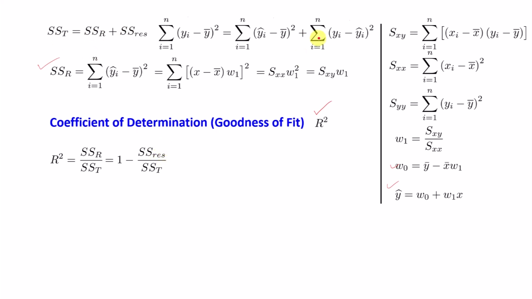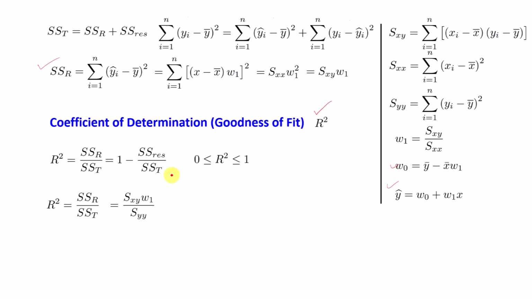And you see that all of them are squares here, so they can't be negative. Therefore, this particular term here can be 0 or some positive number less than 1. Therefore, R square will remain between 0 and 1.